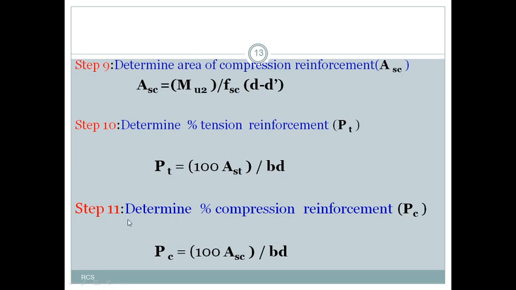Similarly calculate the percentage of compression reinforcement, 100 Asc by b d. These two values will be useful while checking deflection of the beam.